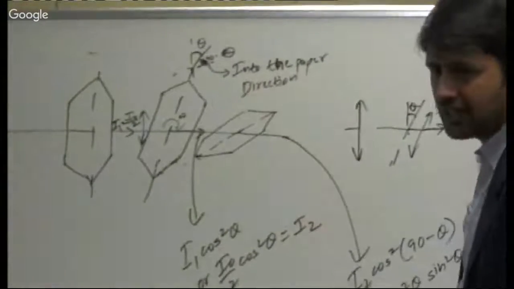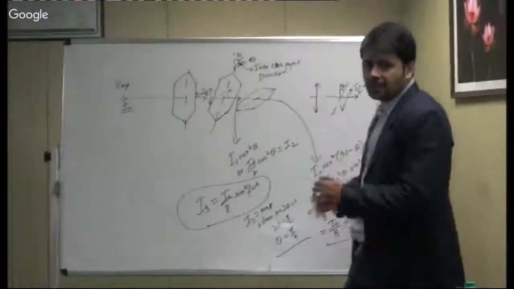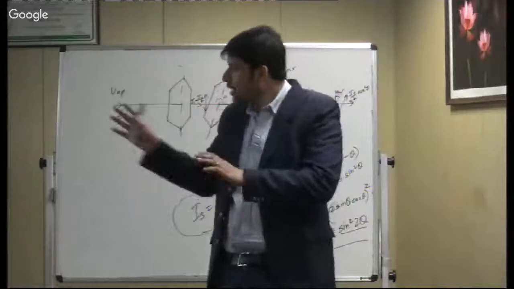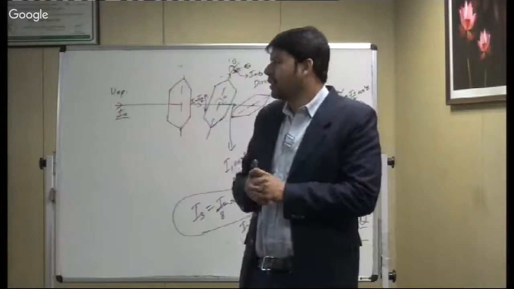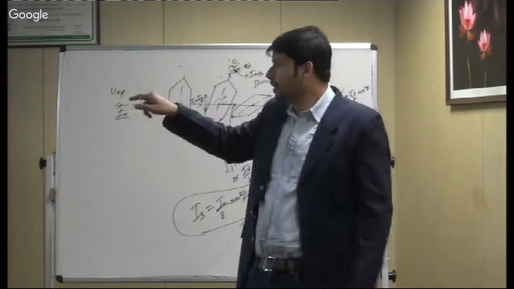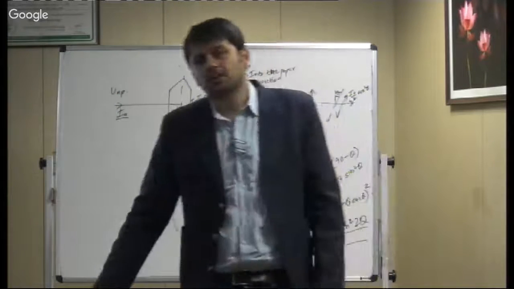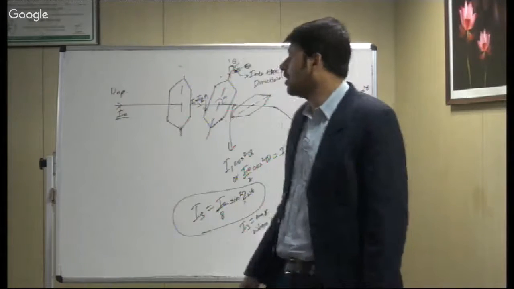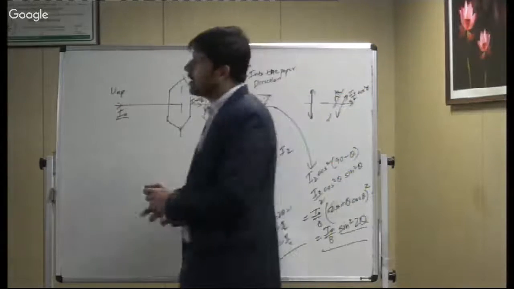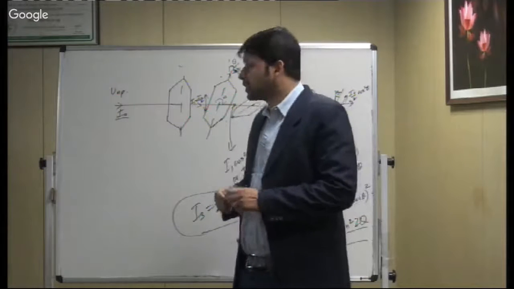They would be very few in number, so intensity would be low but not 0. In the other case, when it is rotated such that the transmission axis of the Polaroid is in the plane of paper, parallel to the majority of the oscillations which are reflected, the intensity would be maximum.